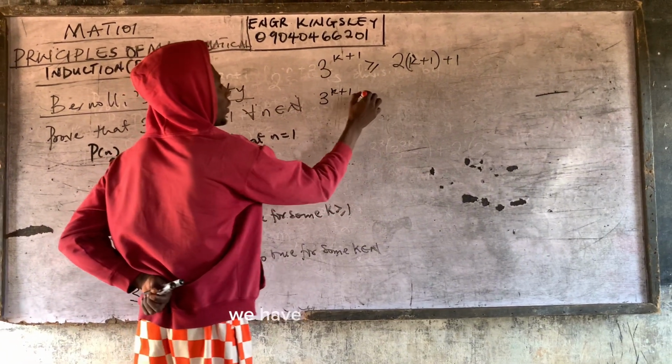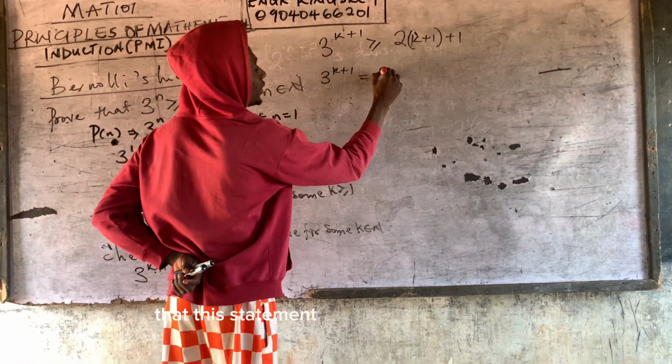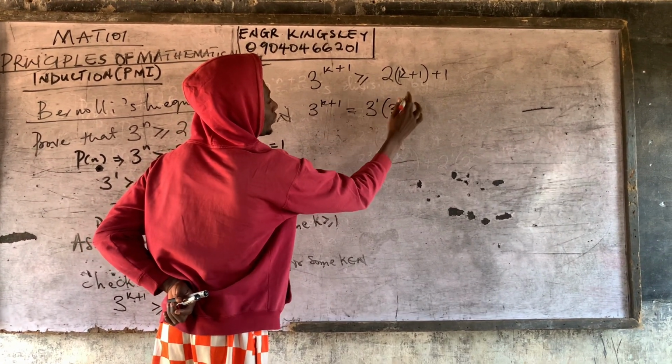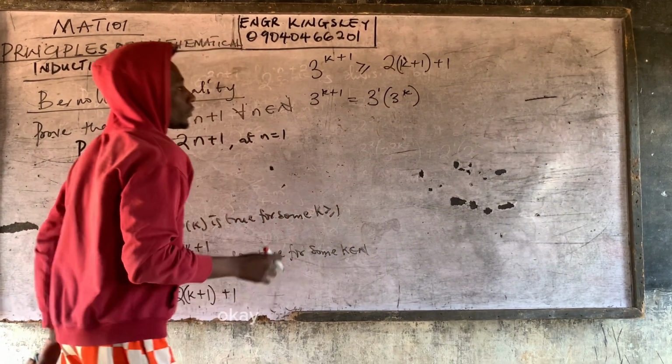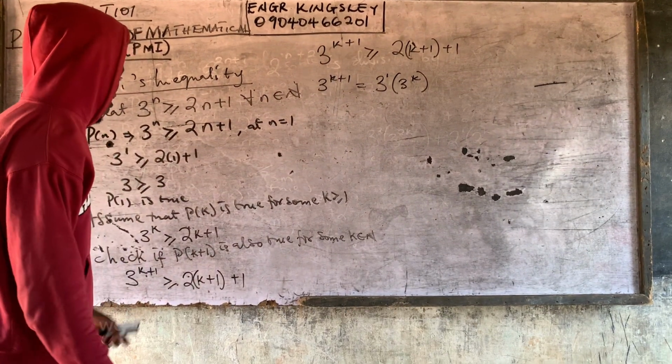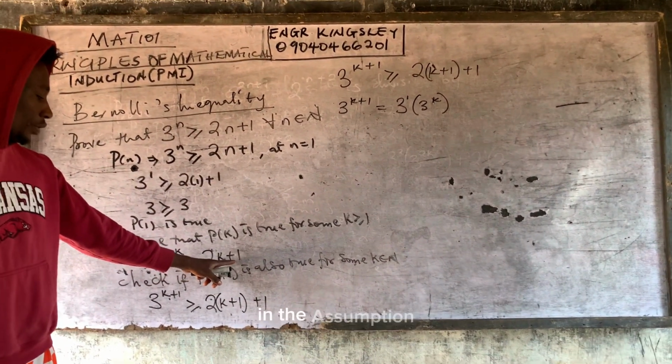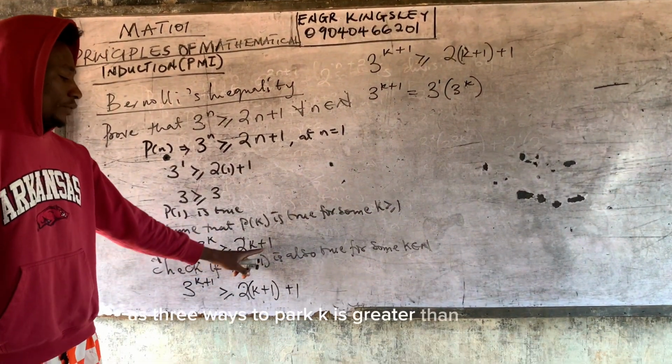We have, according to indices, that this statement is 3 raised to the power 1 into the bracket of 3 raised to the power k. Okay? As this may have it, we have the corresponding value of 3 raised to the power k in the assumption, as 3 raised to the power k is greater than or equal to 2k plus 1.